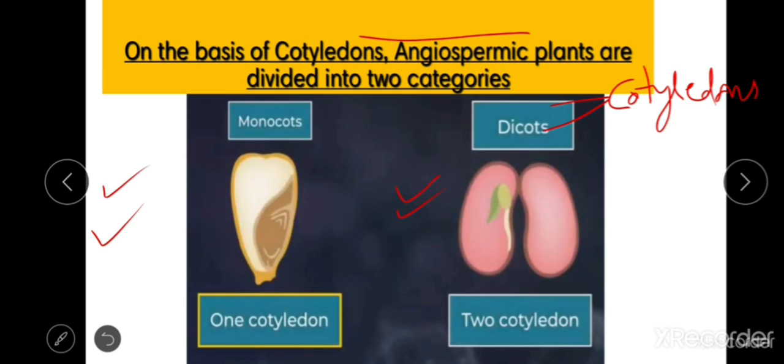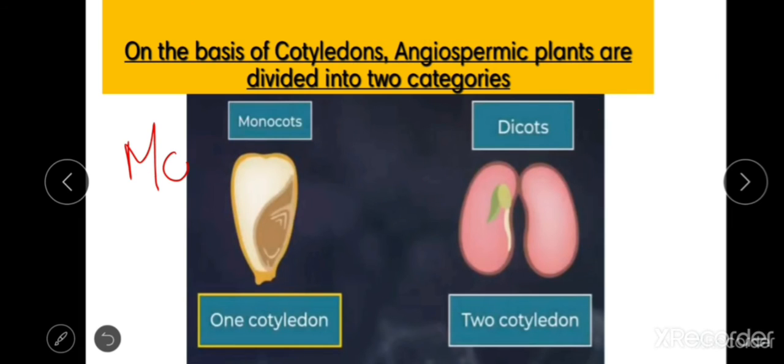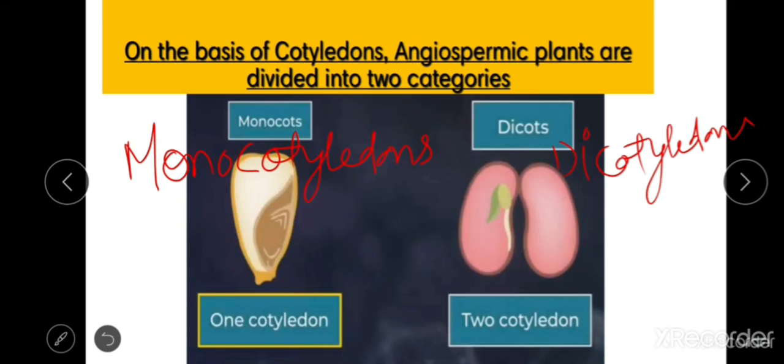Sometimes they are called monocotyledons and dicotyledons. Mono means single, one, and cotyledon means seed leaf.